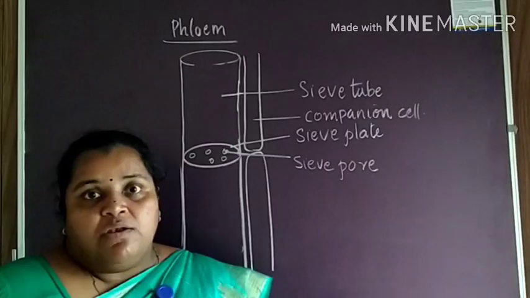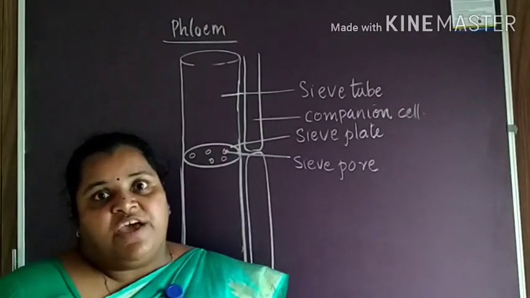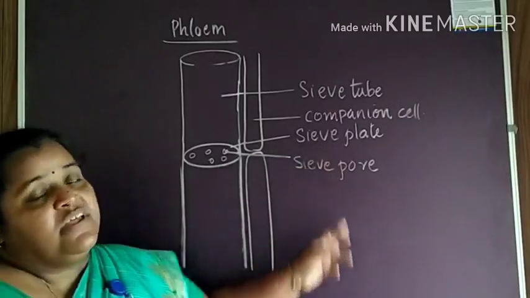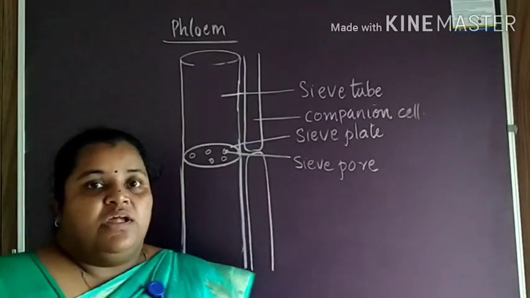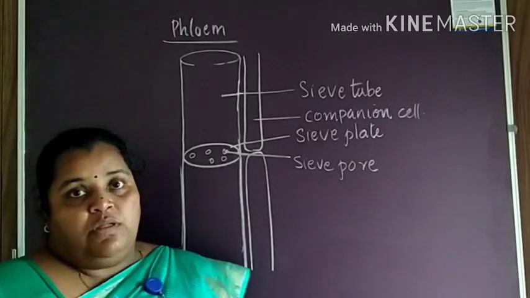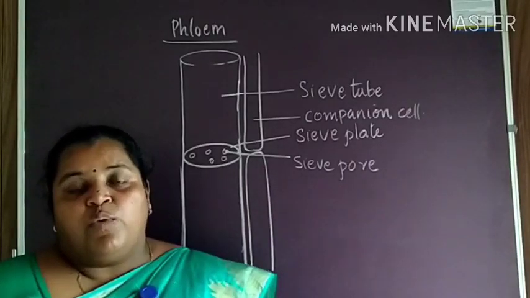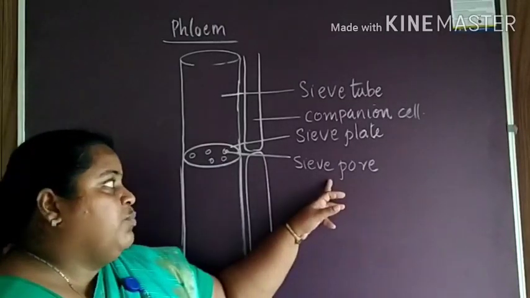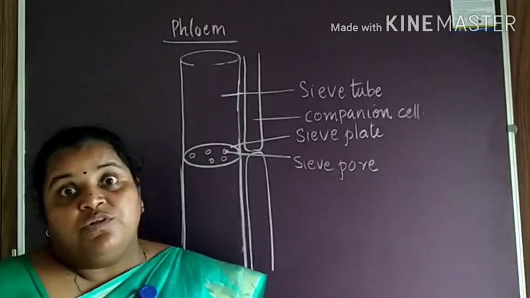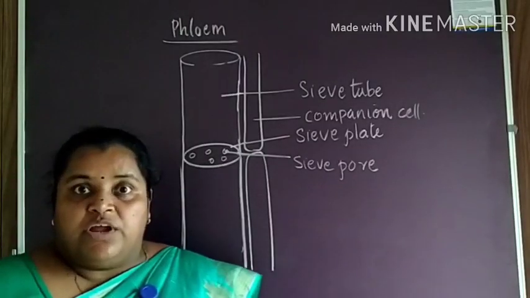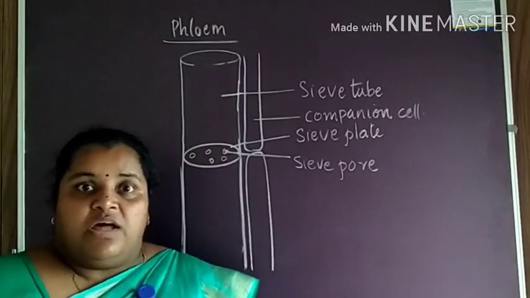Sieve tubes are long elongated cells which have cross walls in between, and that cross wall is known as sieve plate. They have minute pores on it known as sieve pore. The cytoplasm of one cell is connected to the adjacent cell through the sieve pore. And it is through the cytoplasmic connections that the food is transported from one cell to the other cell.